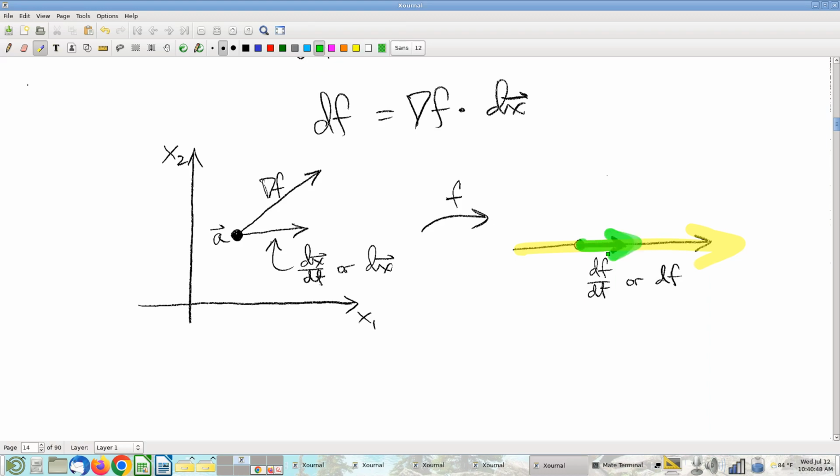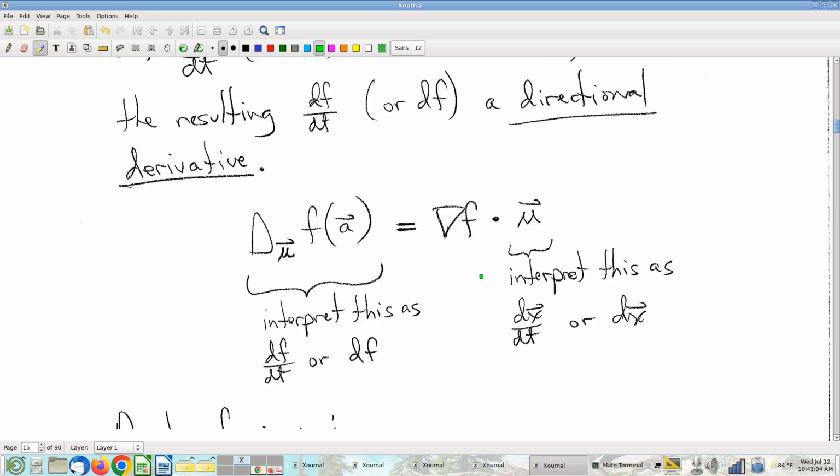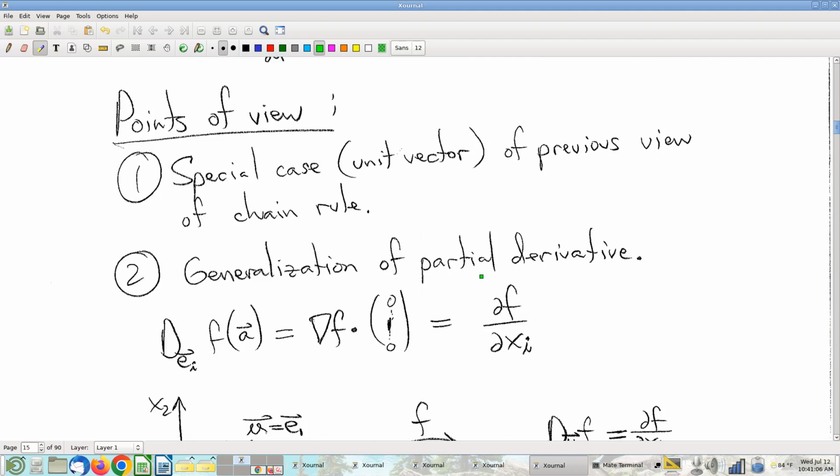If the value is a number, then I'm asking how fast that number is changing, and the rate of change of a number is a number. So yes, this as it should be is a number. Does that make sense? Cool. So again, this is a special case of the chain rule.